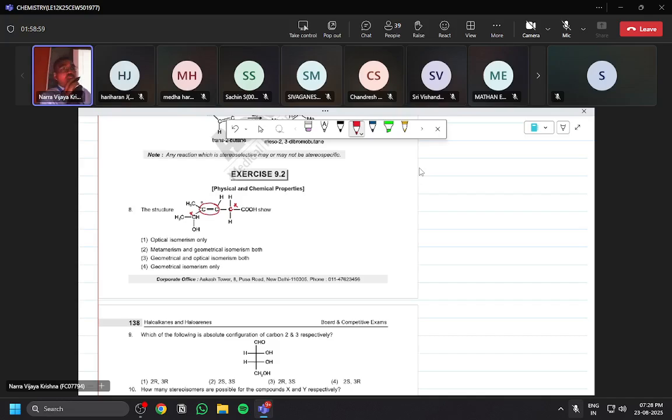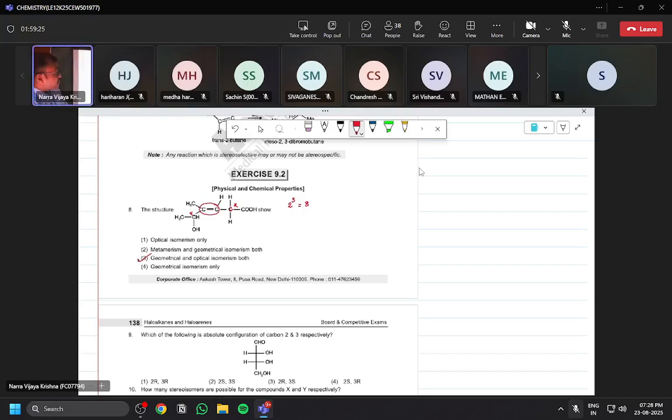Totally, how many stereogenic centers? 3. Then the number of stereoisomers is 8. Correct? I will get 8 stereoisomers. It shows geometrical isomerism and optical isomerism. So the answer is option 3.